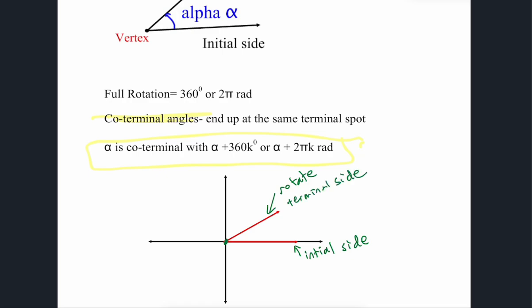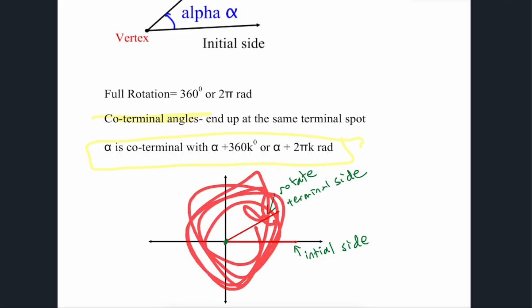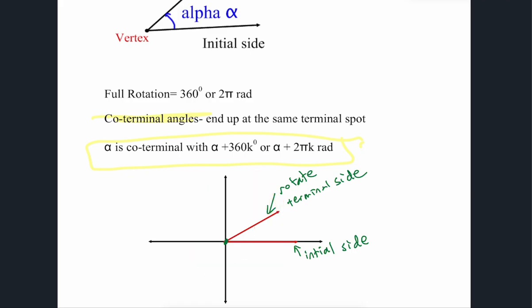It's the spinner on our pinwheel. Now, say that we land here. Well, how did we get there? Maybe I just went right there. That's a possibility. Couldn't I have spun this way and got there backwards? Couldn't I have spun 5 times and got there? All of those times where we land in that same spot will always be coterminal with what we started with. So if I land in the same spot, it's coterminal.